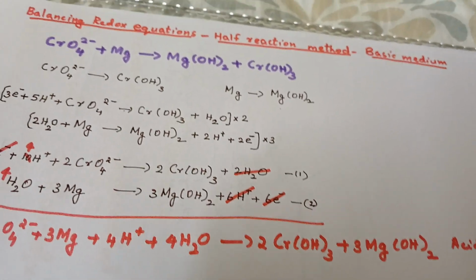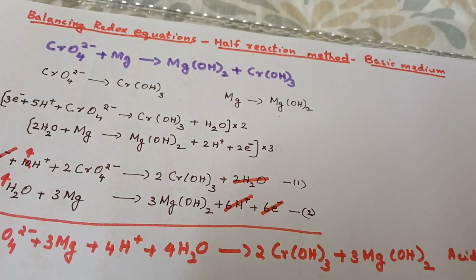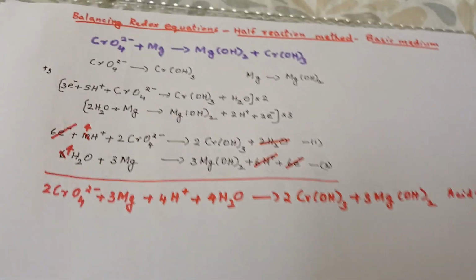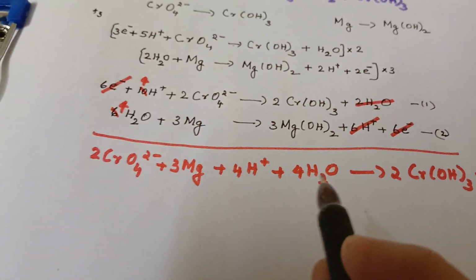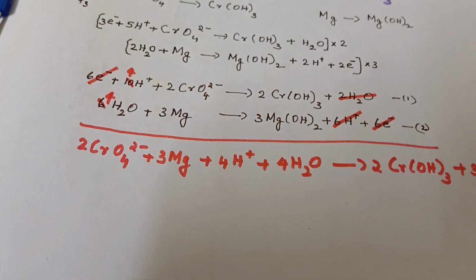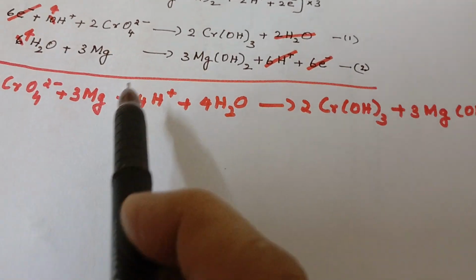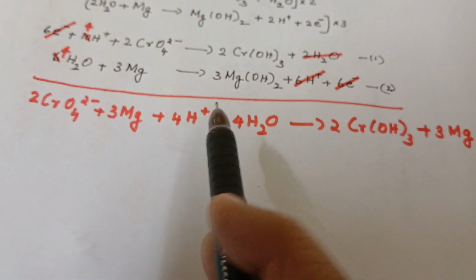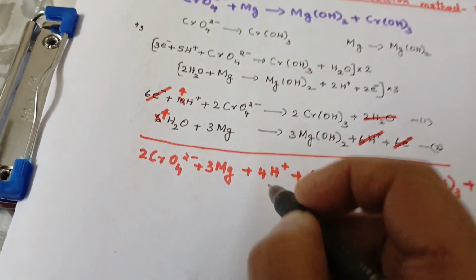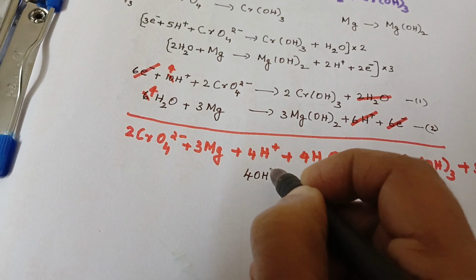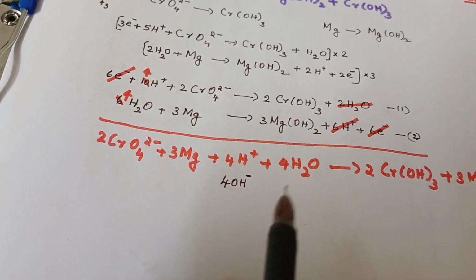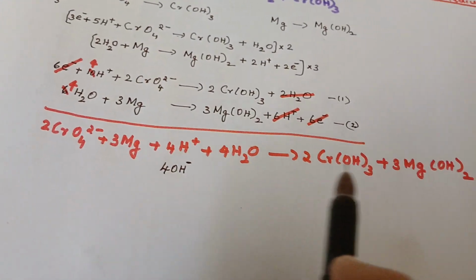Now if we need to balance it in the basic medium, what should we do? We have to look at the number of H plus ions. Here we have 4 H plus ions. So we need to add 4 OH minus ions here. We shouldn't be having any H plus ions in the basic medium.